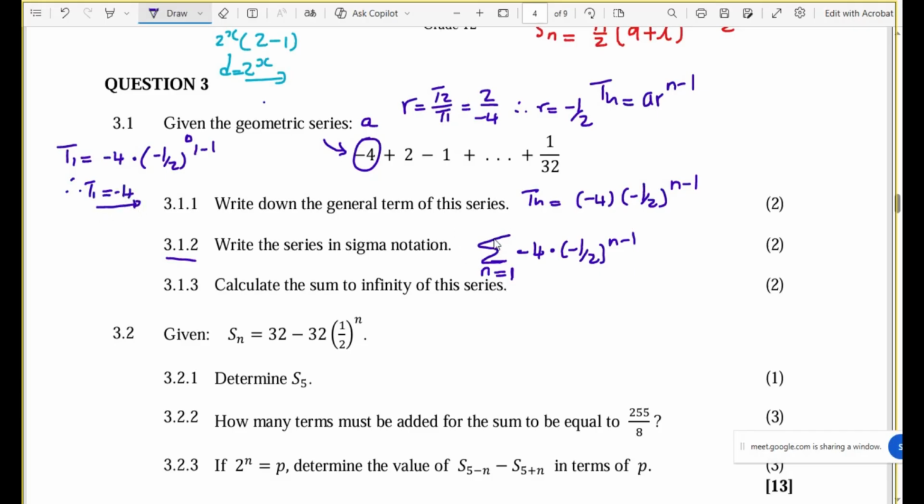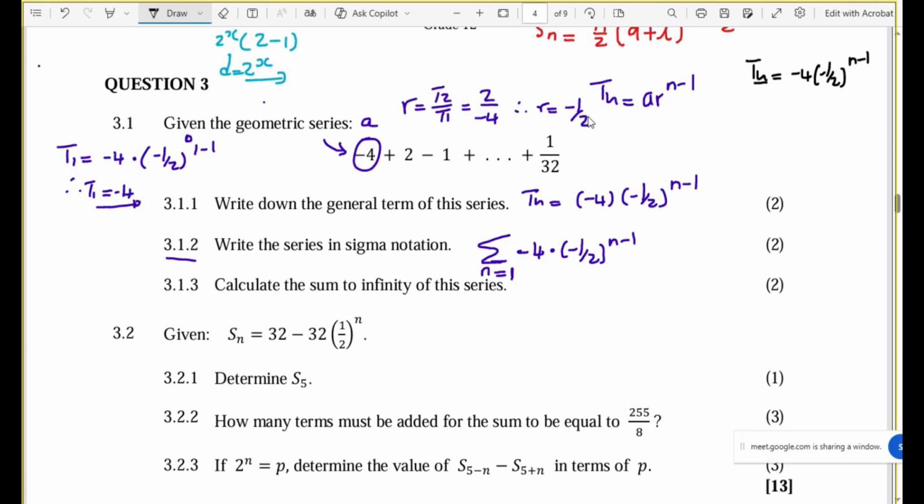On top, to find n, you're going to work out some of the magic. Now, to find the last term, this is what you're going to do. You say Tn is equal to -4 into -1/2 to the power n minus 1.